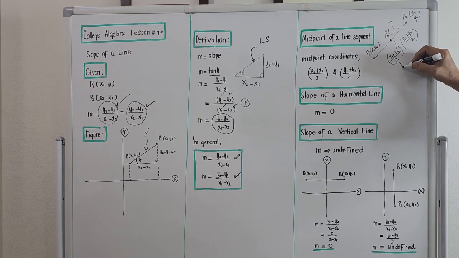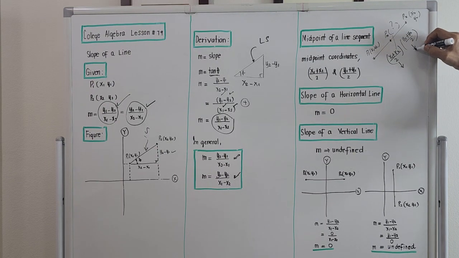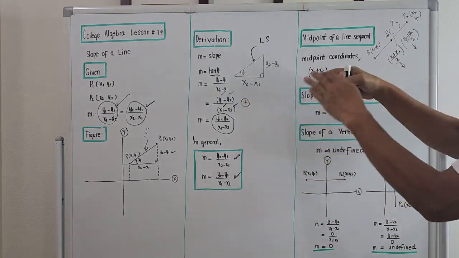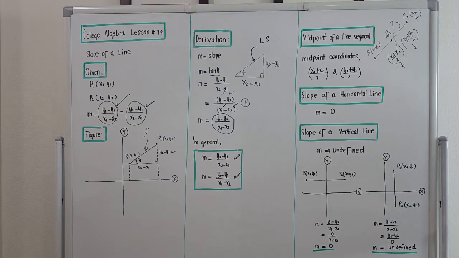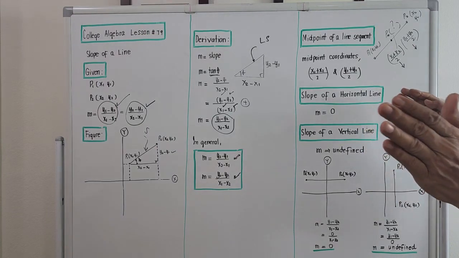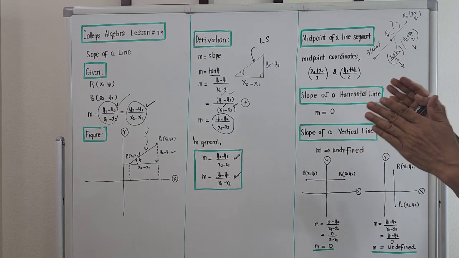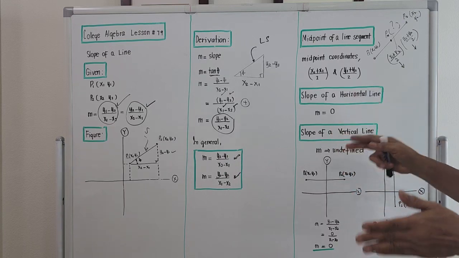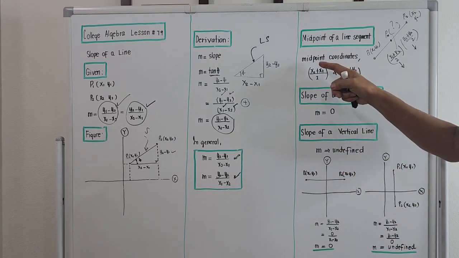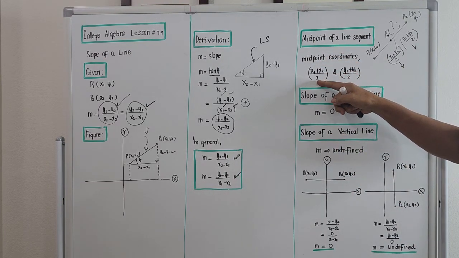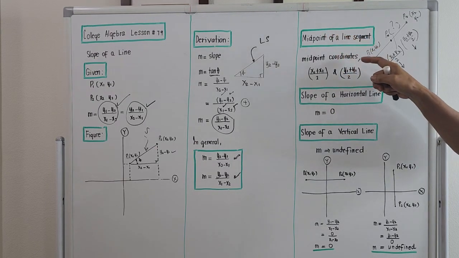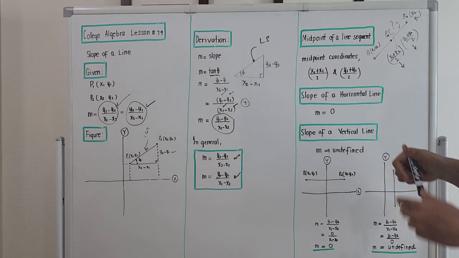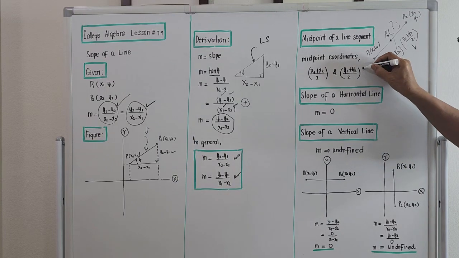So this is the abscissa of the midpoint, and this is the ordinate of the midpoint. So in general now, under the study of analytic geometry, if we are considering a line segment, the coordinates of the midpoint should be x1 plus x2 over 2, and the ordinate will be y1 plus y sub 2 over 2. Okay, that's for the midpoint.